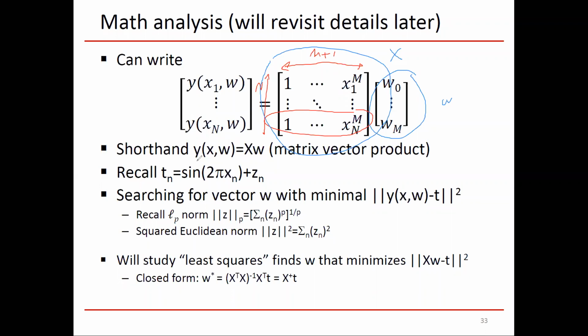I was saying here Euclidean norm. Recall that an Lp norm, denoted by these double brackets around z with subscript p, is a summation over all the elements of z to the power of p, and after taking this summation, we take the entire summation to the power of 1 over p.